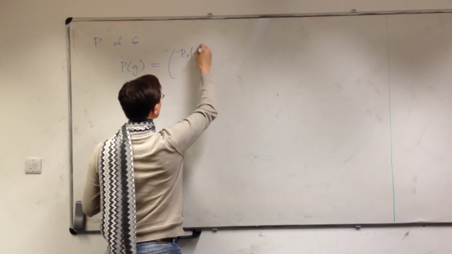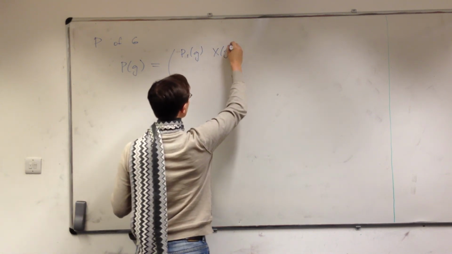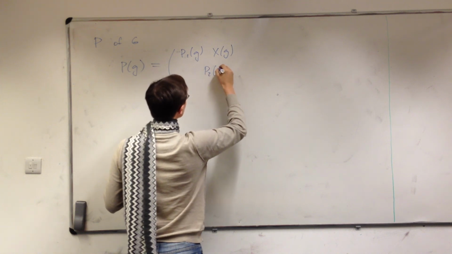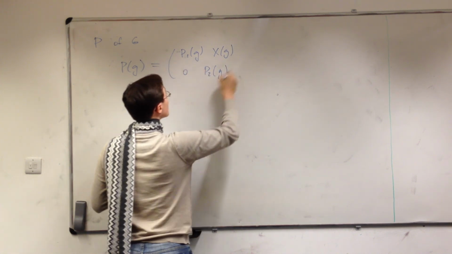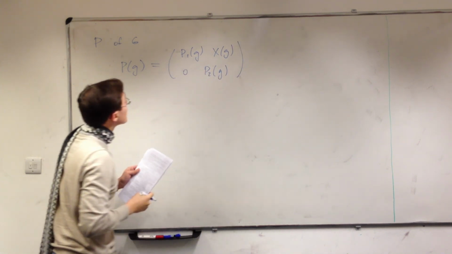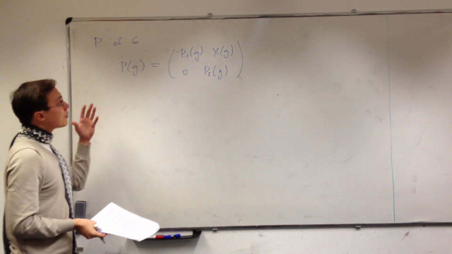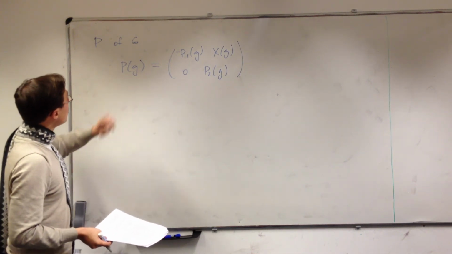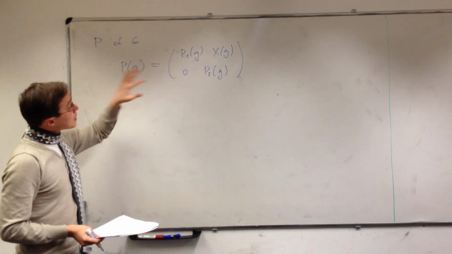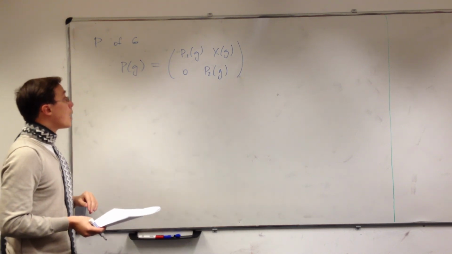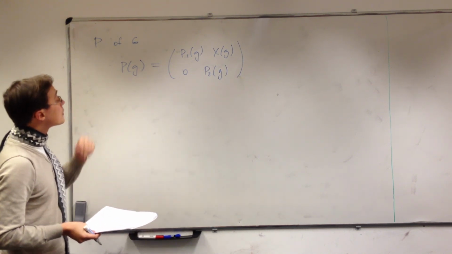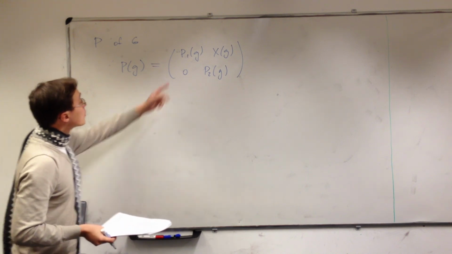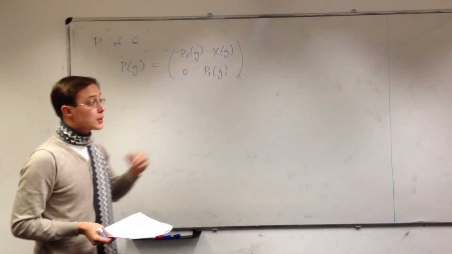P1 of G, X of G, P2 of G, 0. That is, the representation is reducible if all matrices corresponding to all G's in this group can be simultaneously brought into the upper block triangular form. So P1, P2, and X are blocks of this matrix.